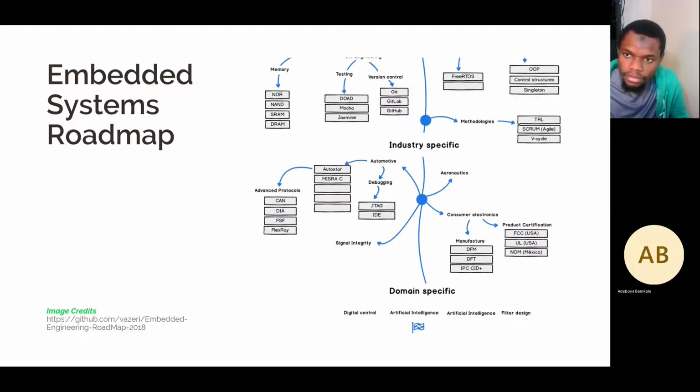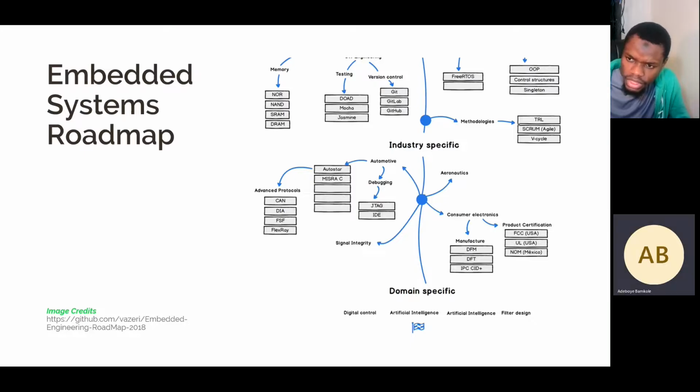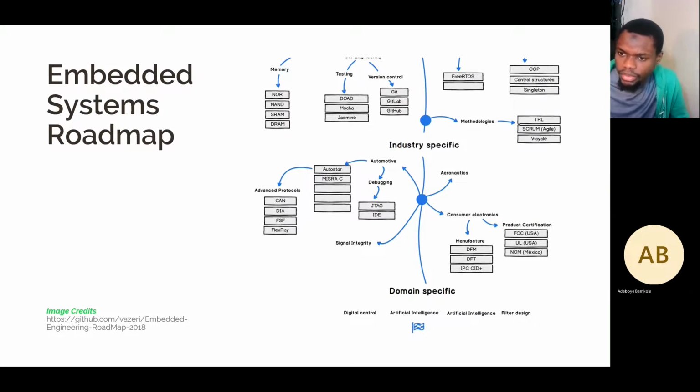Then industry specific, you have some more advanced level stuff. You have the automotive industry, the aeronautic industry, the consumer electronics industry and things like that. When you get to that advanced level, you need to start thinking about the standards and protocols associated with each industry you're interested in.